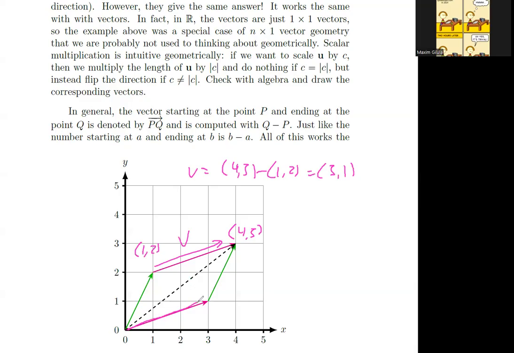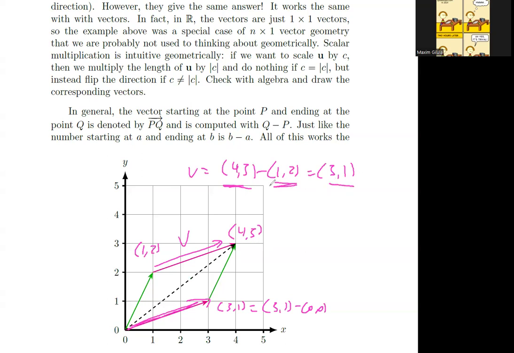But that's exactly the same as this vector 3, 1, which is like 3, 1 minus 0, 0. So these two are the same vector, even though they look different. They're the same because it's completely determined by this expression, endpoint minus start point in coordinates.